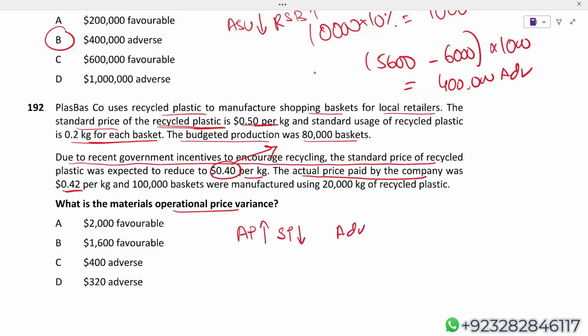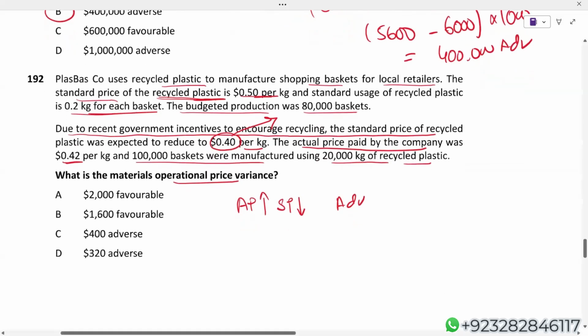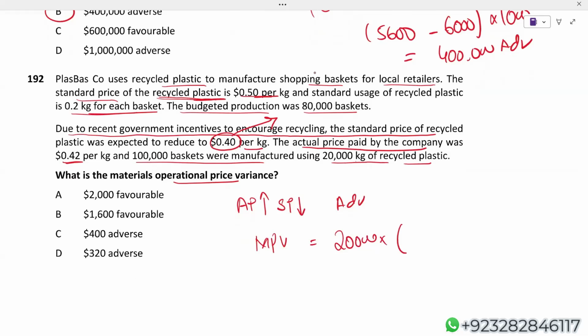Per kg, 1 lakh baskets were manufactured using 20,000 kgs of recycled plastic. Material price variance is equal to actual quantity, which is 20,000 kgs of recycled plastic, times the difference in price. The revised standard price for recycled plastic per kg is 0.40.